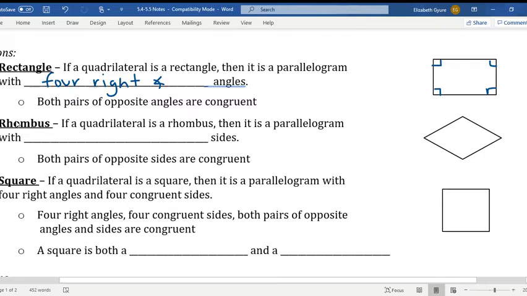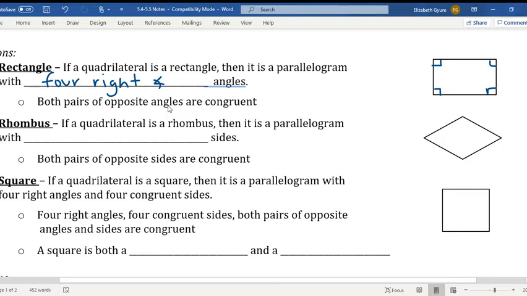Rhombus. If a quadrilateral is a rhombus, then it is a parallelogram with, this one I don't know if you'll know or not, because rhombus isn't as common. Sebastian? Yeah, in this case, it ends up being that all 4 of the sides are congruent.